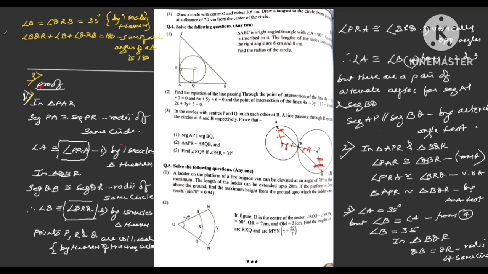Now put the values, children. So BQR plus 35 plus 35 is equal to 180. So BQR equals 180 minus 70, which is 110 degrees.